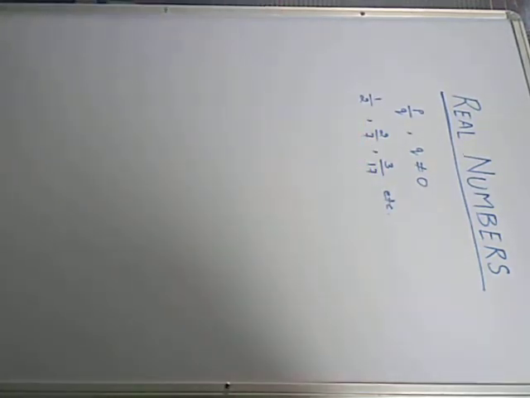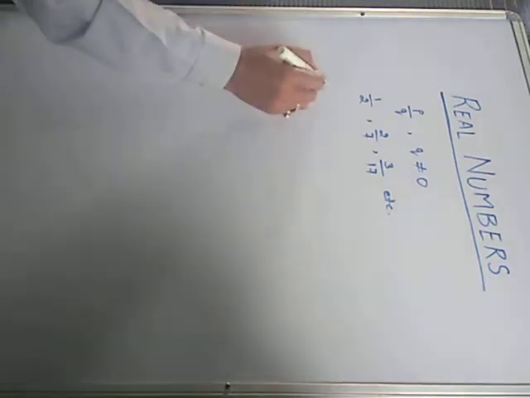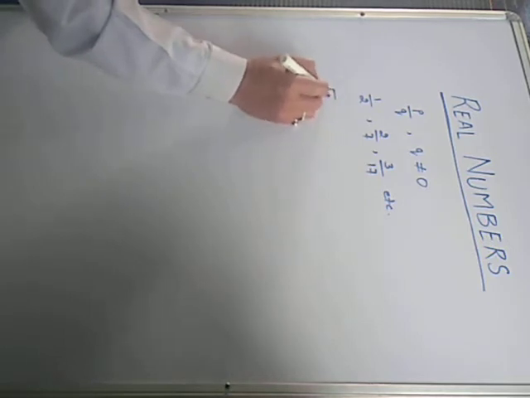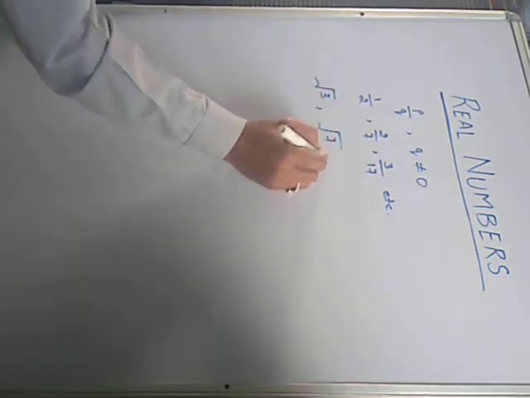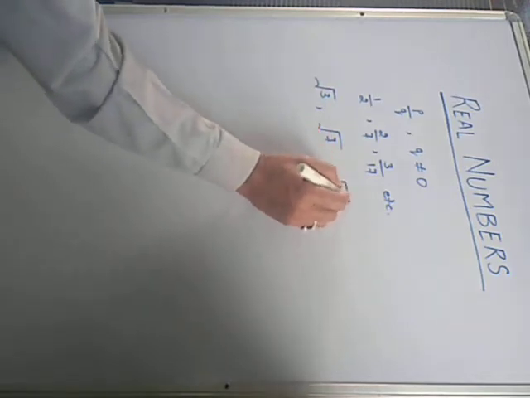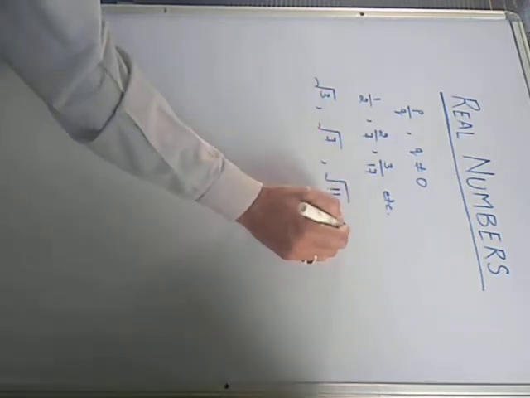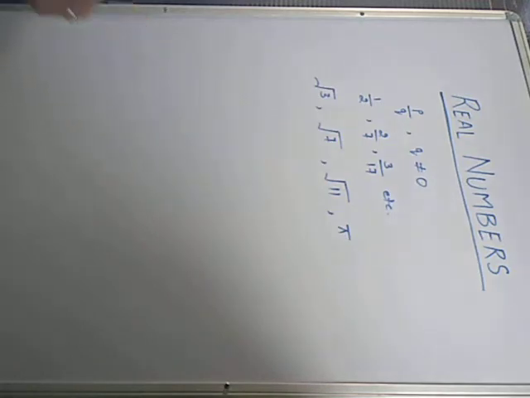And irrational numbers are those numbers which cannot be expressed in the form of p by q. For example, square root of 3, square root of 7, square root of 11, and pi. Pi is an irrational number.